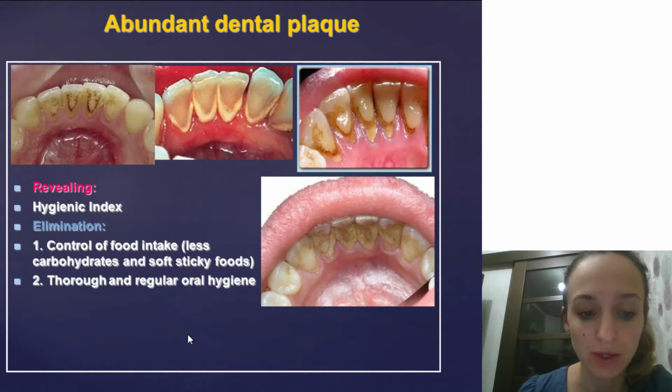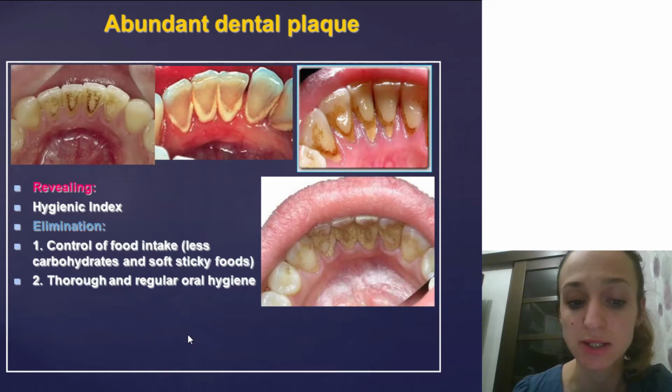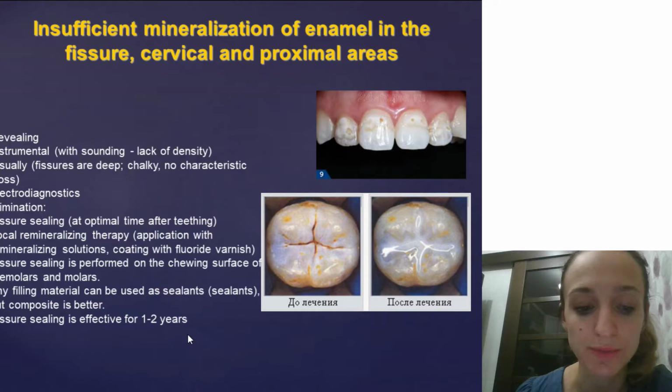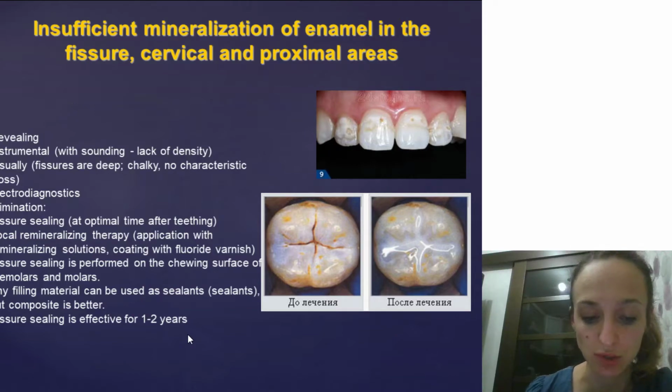And saliva has the following mechanisms providing resistance of dental hard tissues. It is mechanical cleansing, antibacterial influence, saliva buffer, and mineralization function.